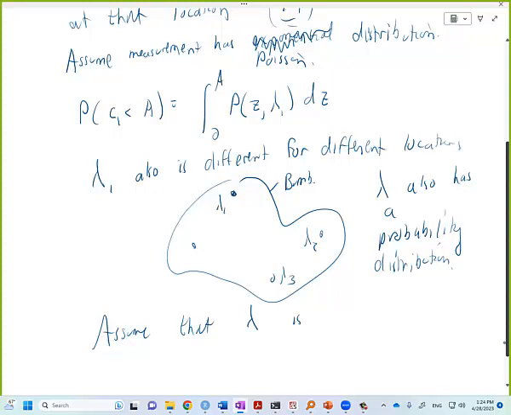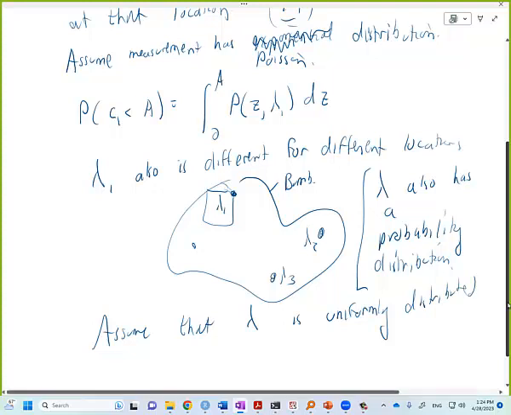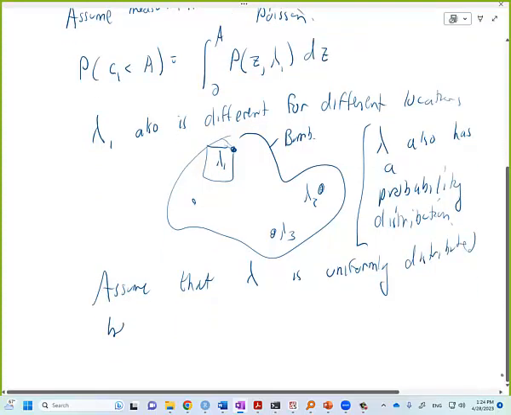You chose the location randomly, so the lambda that you get from your location is going to be random. It's not known. It's a random variable. So I'm going to assume that lambda is uniformly distributed between Q1 and Q2.